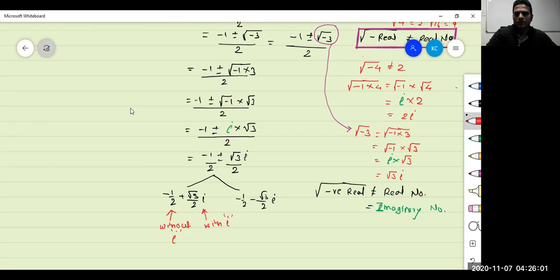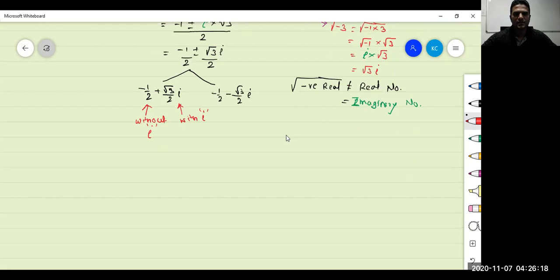Then how can we analyze this? Minus 1 by 2 plus root 3 by 2 I, this form, we can say that this is the real part, this is without I, this is with I. So we call it real plus imaginary.